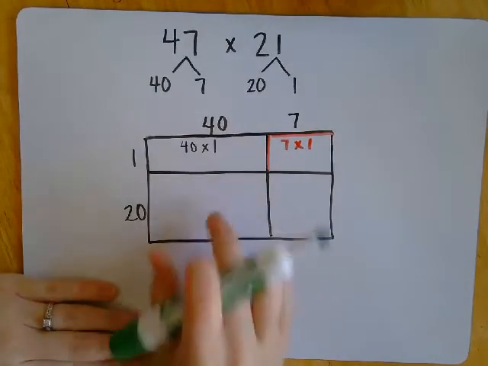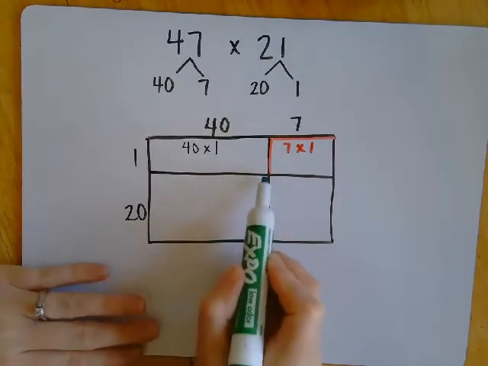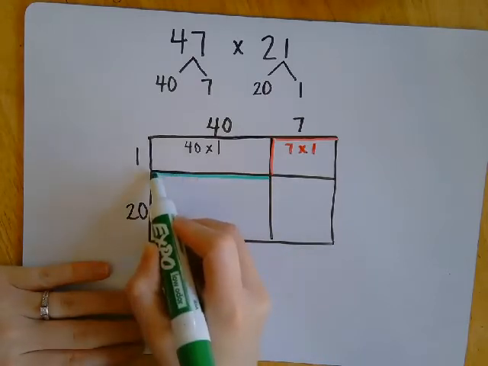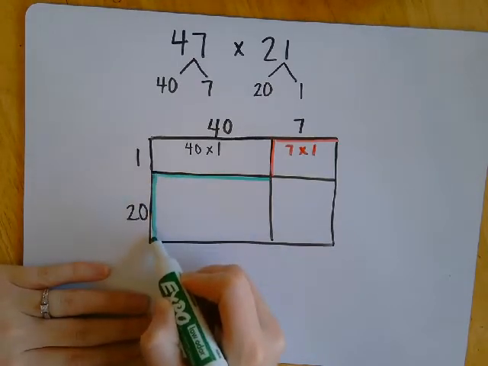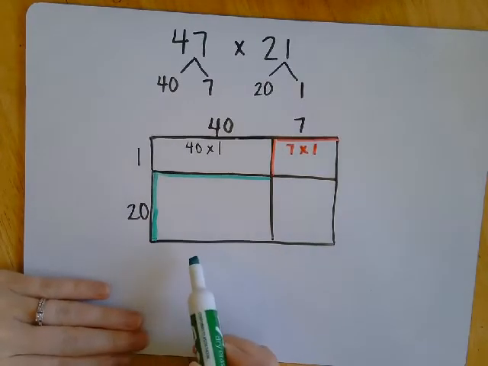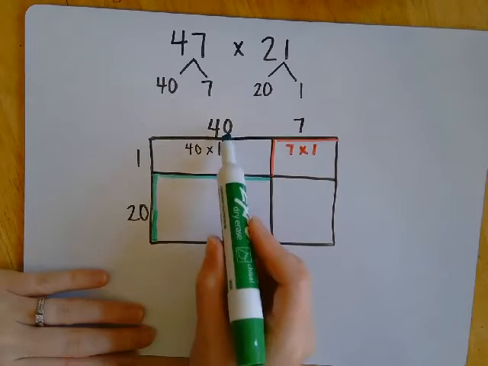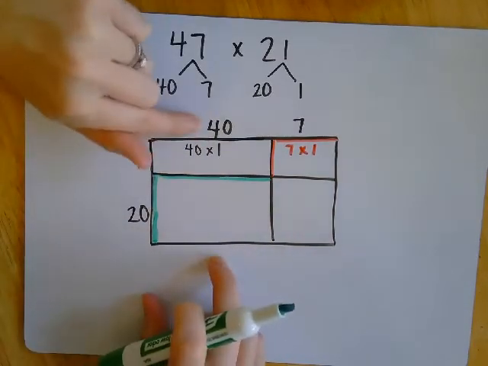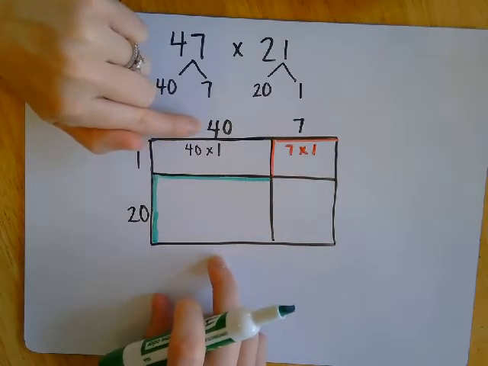For this area, I am going to be multiplying 40 times 20. And even though this side does not have a number, I know that I'm going to be multiplying 40 times 20 because whatever this side is equal to, this side is too.